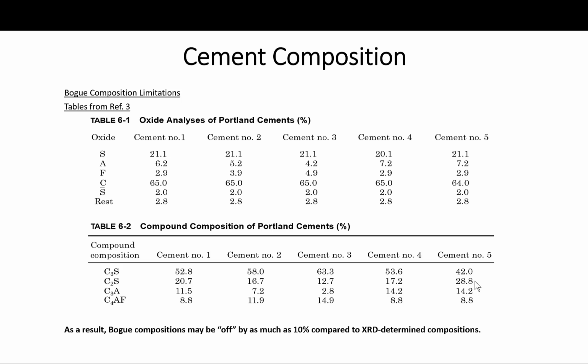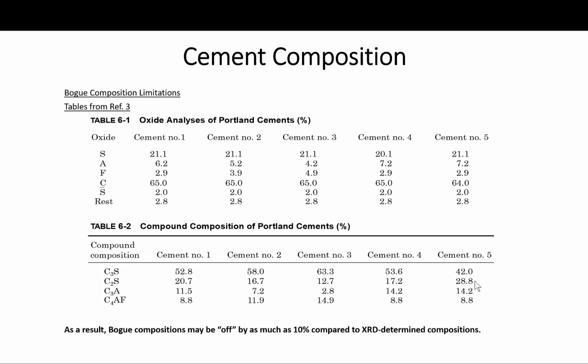Both assumptions are not valid. Hence in some cases the computed compound composition, especially the amounts of C₃A and C₄AF in cement, are known to deviate considerably from the actual compound composition determined by direct methods.